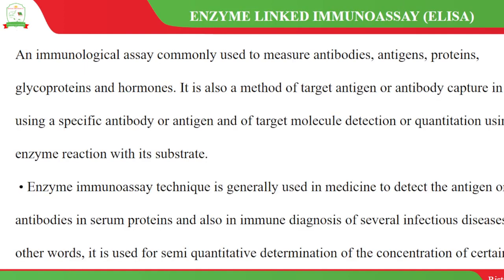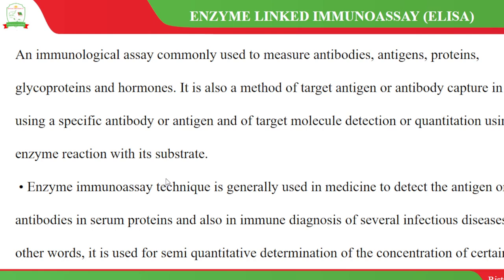Enzyme-linked immunoassay, ELISA, is one of the analytic methods. It is an immunological assay commonly used to measure antibodies, antigens, proteins, glycoproteins, and hormones in the body. It is also a method of capturing a target antigen or antibody in samples using a specific antibody or antigen.